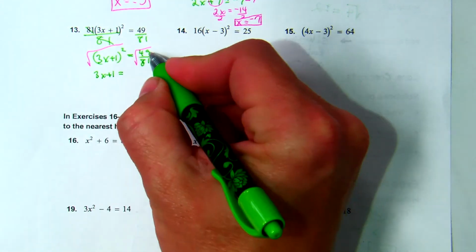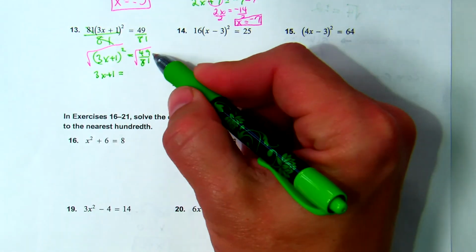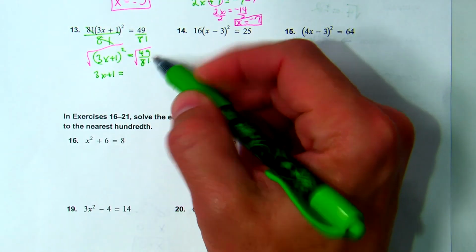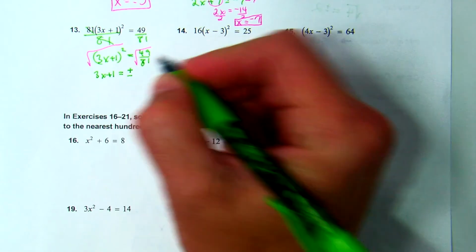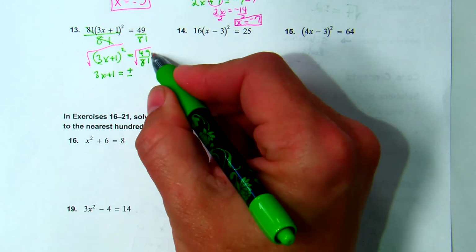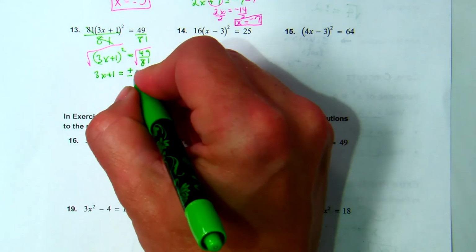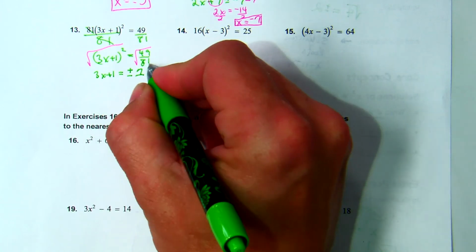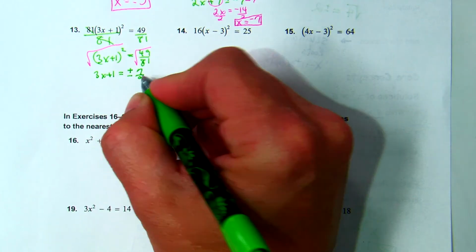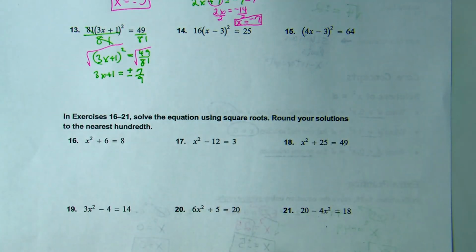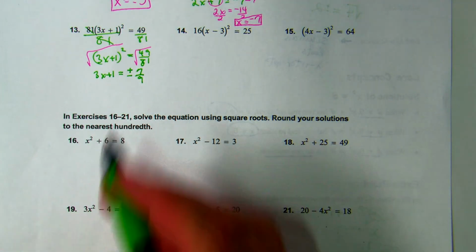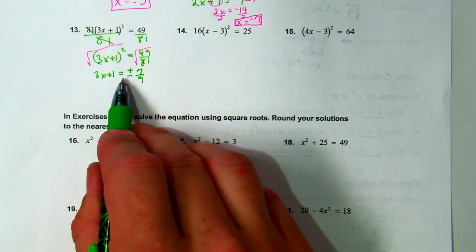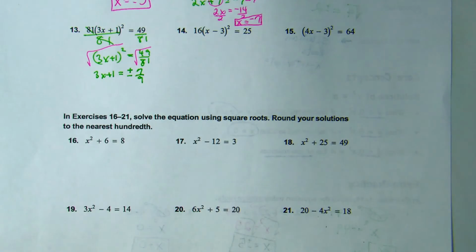And this one, remember, I can break it into two pieces, the top and the bottom. This is going to be a plus or a minus. What's the square root of 49? 7. And 81? 9. So my solution so far is going to be 3x plus 1 equals plus or minus 7 over 9.